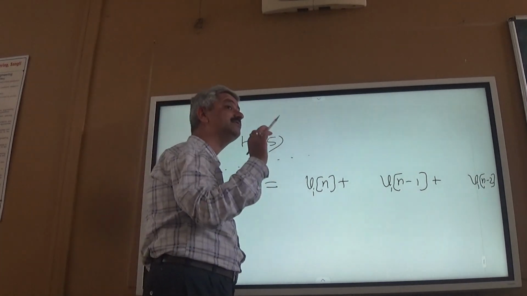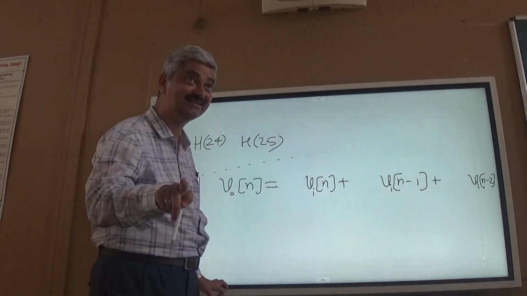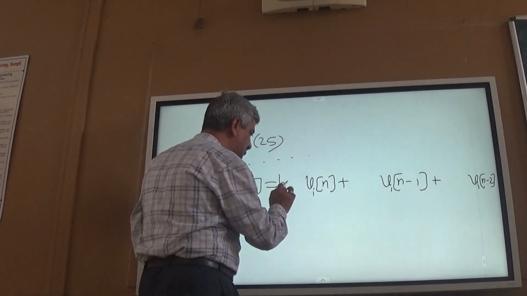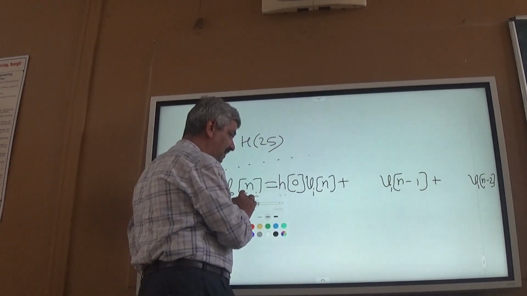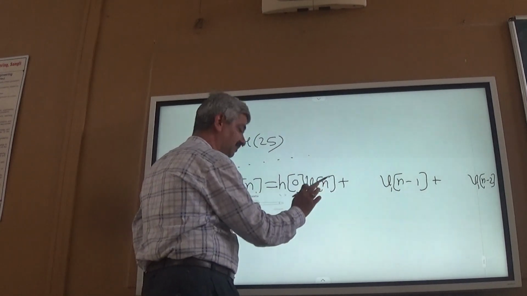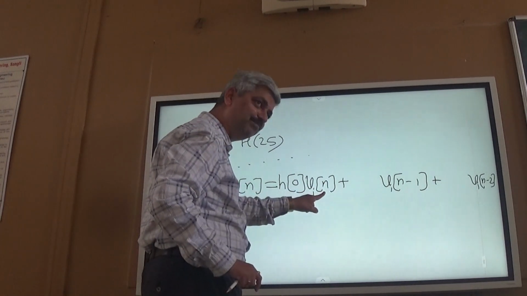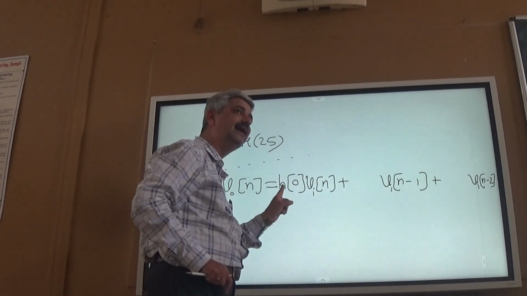So there are some constants which are system constants, RC, whatever you take, so that is H0. So current output depends upon the current input by a weighing factor H0.